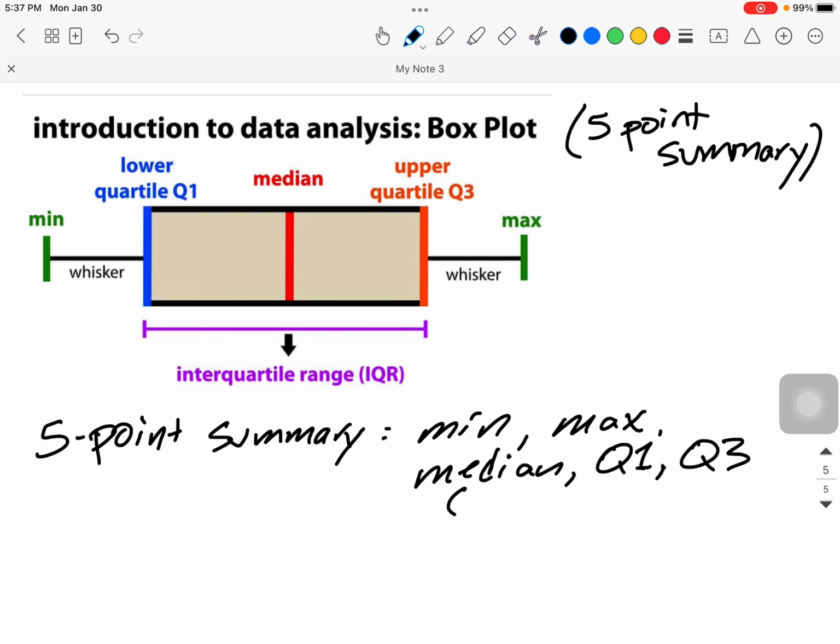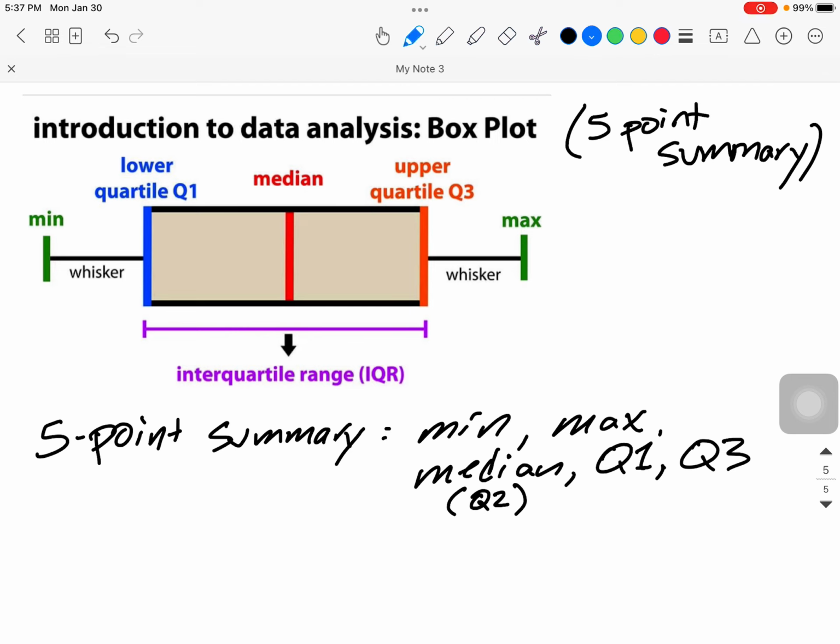You can think of the median as the second quartile, but generally we never call it that. We call it the median. And what you can do with this 5-point summary is plot it on this visual that's above, and you can see all the key elements right in front of you.